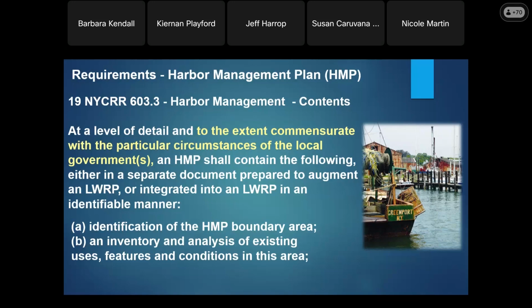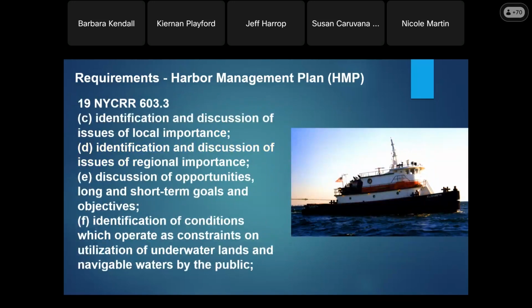So the harbor management requirements are to identify the boundary, which would be in a map. It should be in the very first map of the waterfront revitalization area, and then also a more detailed map of the harbor management area. Then this group of requirements relates more to the analysis, discussing issues of local importance and regional importance to your harbor.